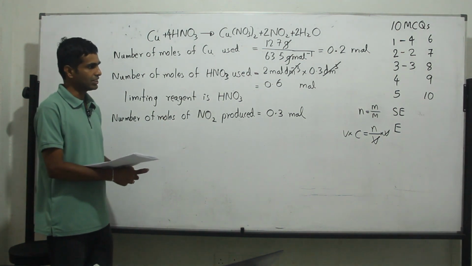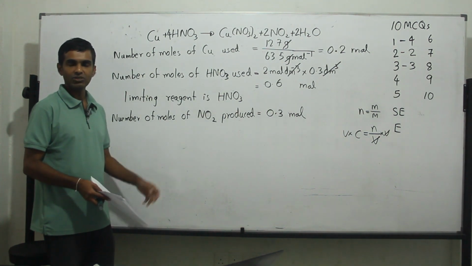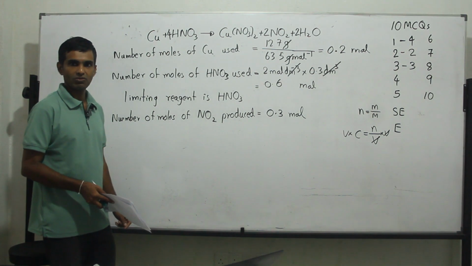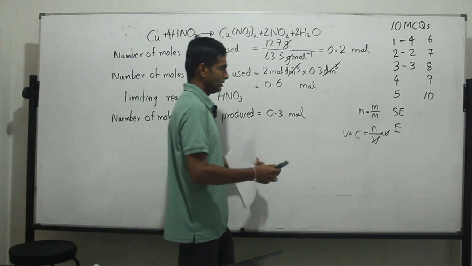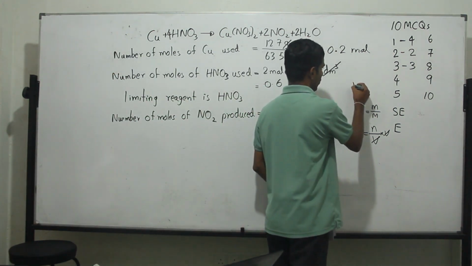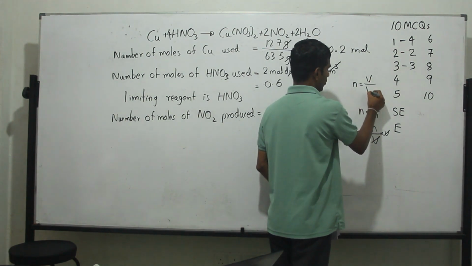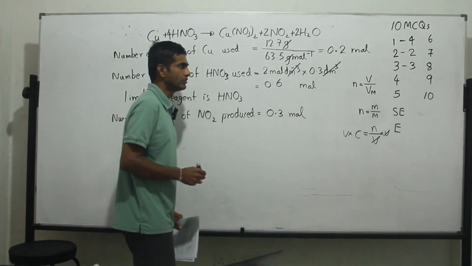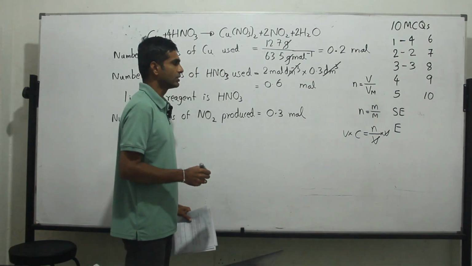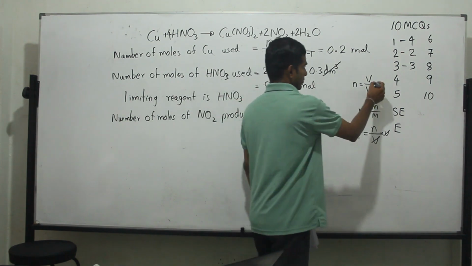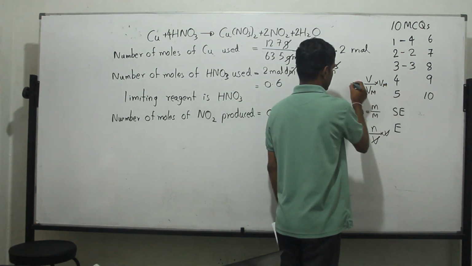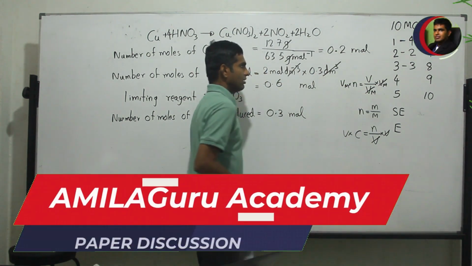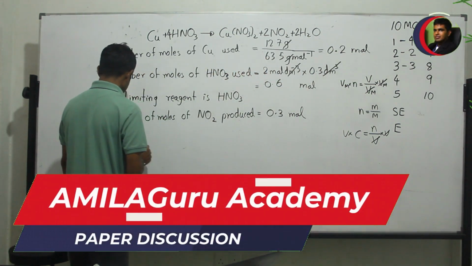Then how to calculate the volume of nitrogen dioxide at standard temperature and pressure? What is the formula? Number of moles is volume over molar volume. We can multiply both sides by molar volume. Then we can calculate the volume of the nitrogen dioxide gas.